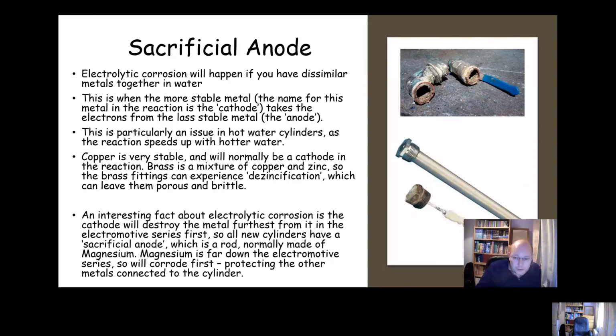When a sacrificial anode is installed, because in electrolytic corrosion the cathode will always destroy the most anodic material first, the one that's furthest away from it in the electromotive series, it will always destroy the sacrificial anode before it would then start attacking the zinc. That's because magnesium is further down the electromotive series than zinc.